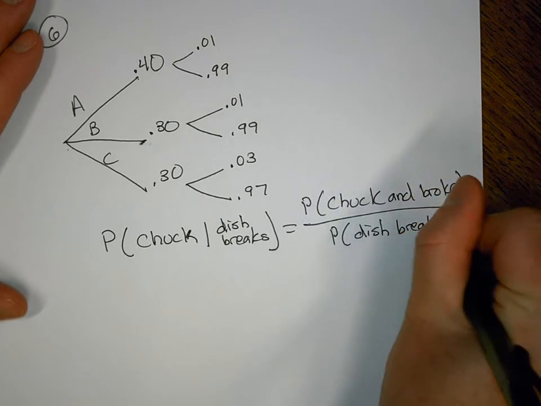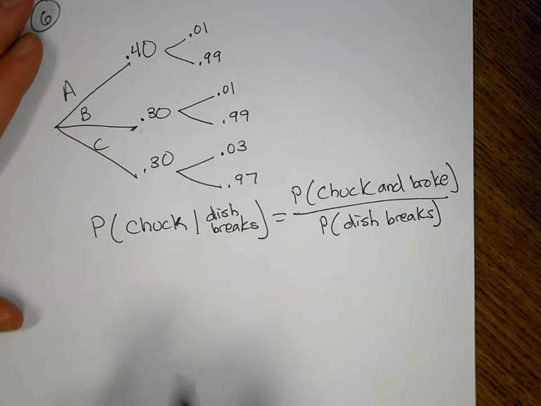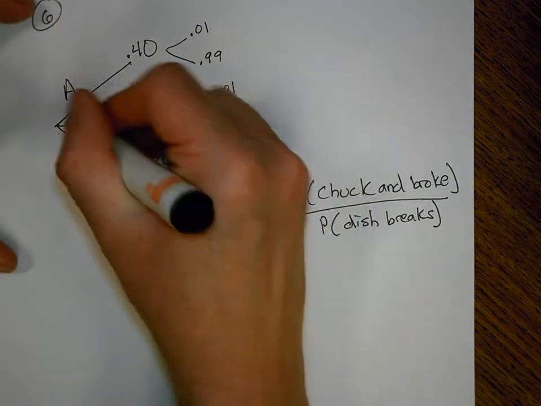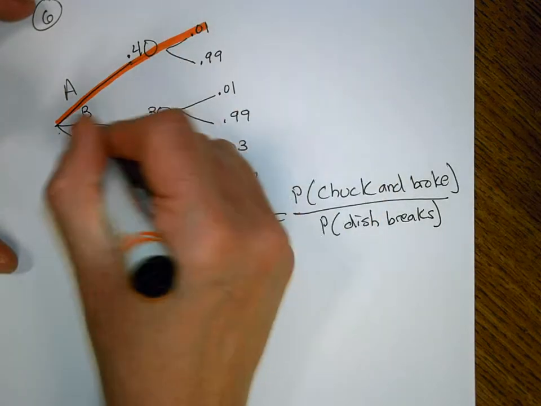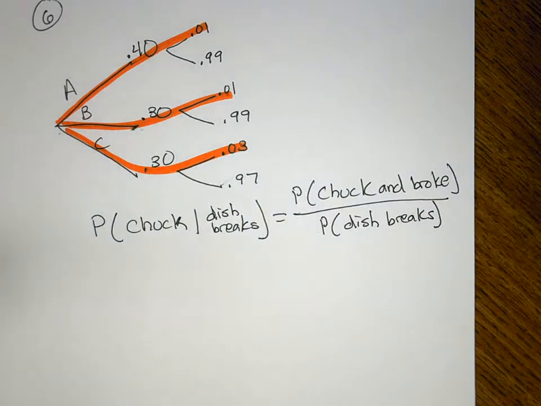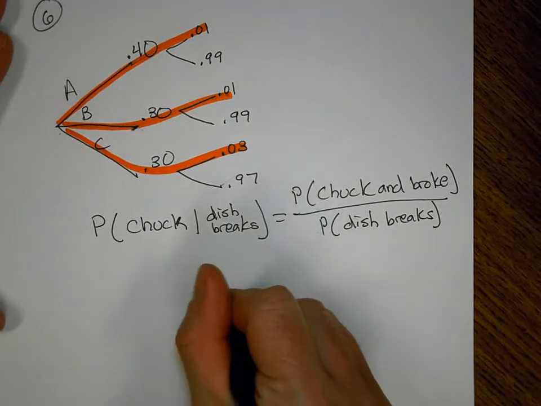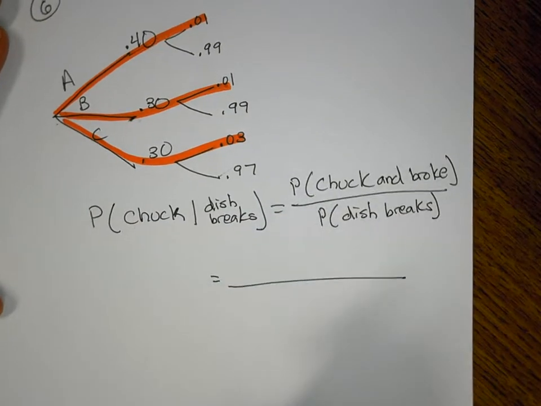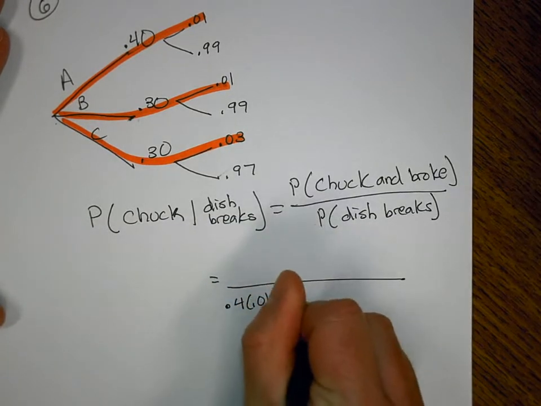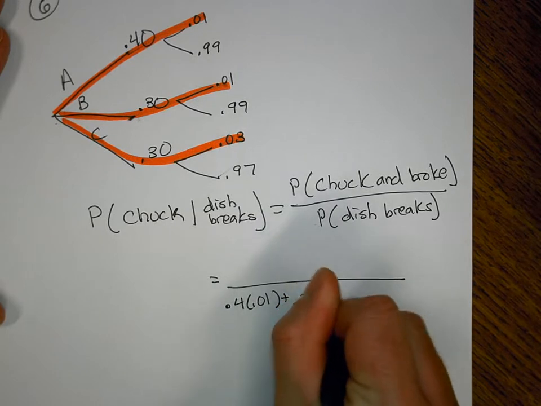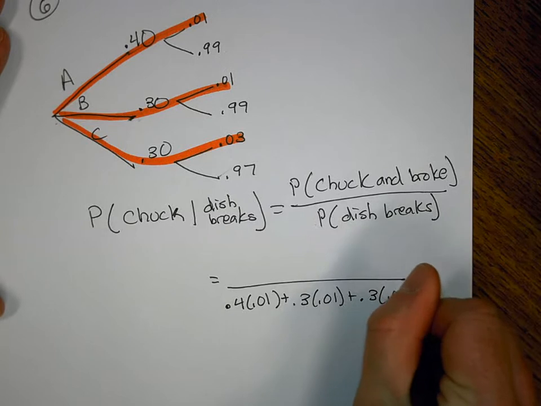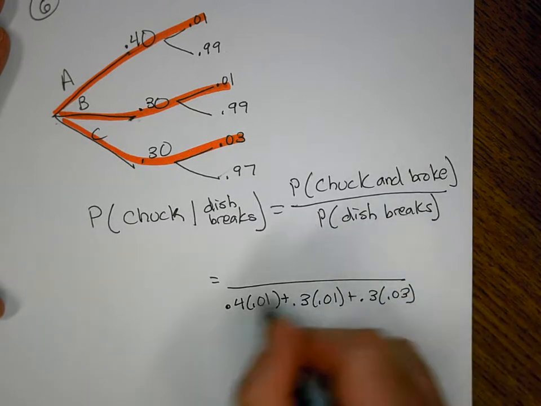So this is where you had to look at all the paths for broken dishes and put that on the bottom, because the probability that it was Chuck is going out of all of these possible routes. So we have to do on the bottom 0.4 times 0.01 plus 0.3 times 0.01 plus 0.3 times 0.03. And then we're going to figure out that sum.